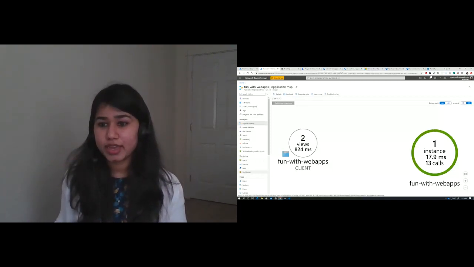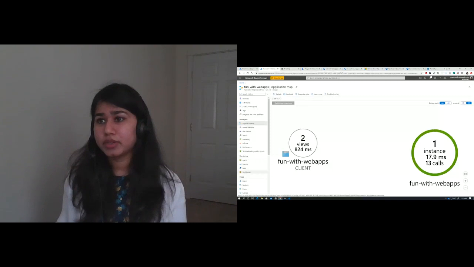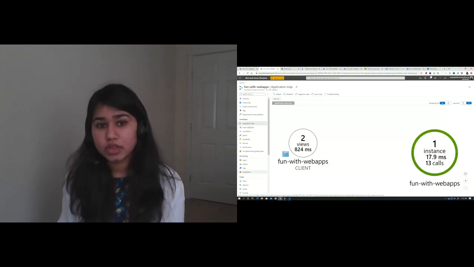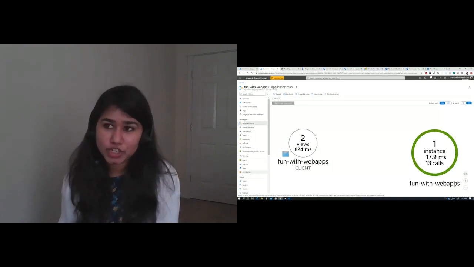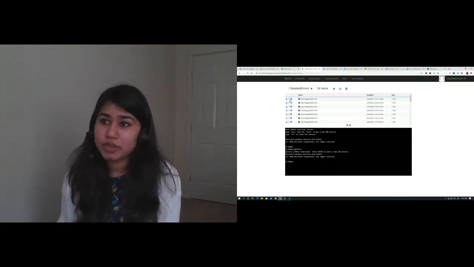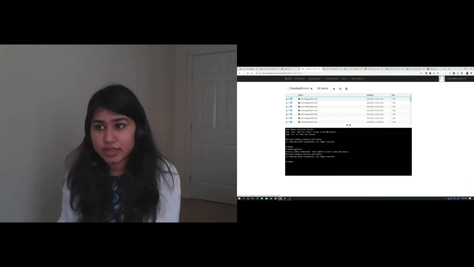And then because I have also configured instrumentation, I am able to dive into the logs of my application. To quickly show you, when I deployed my application last night, initially it did not work, but I was able to figure out what was going wrong because I had enabled detailed application logging through Application Insights.